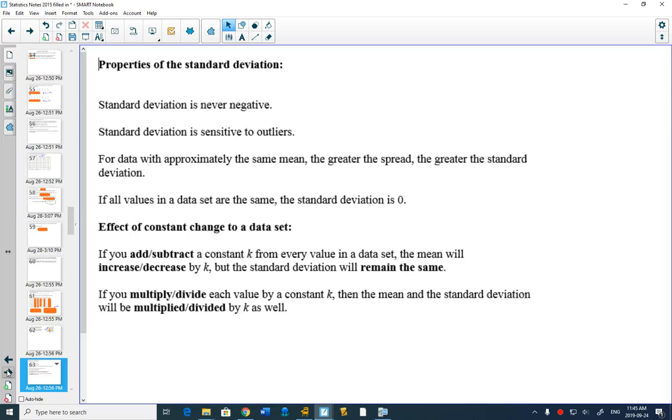And here in particular, the IB likes to make you think about what happens to data if we do something. So what happens if there's a constant change? If you took everybody here, and over the next 10 minutes I made you drink 5 kilograms of water. That's a lot. What would happen to each of your weights?